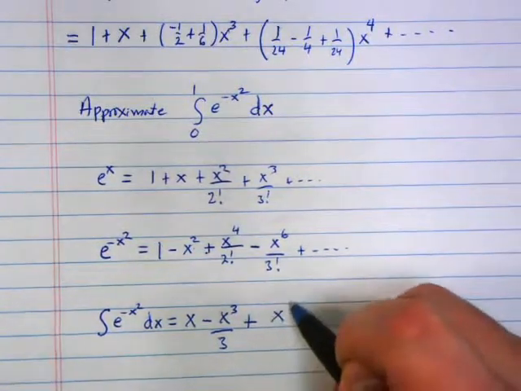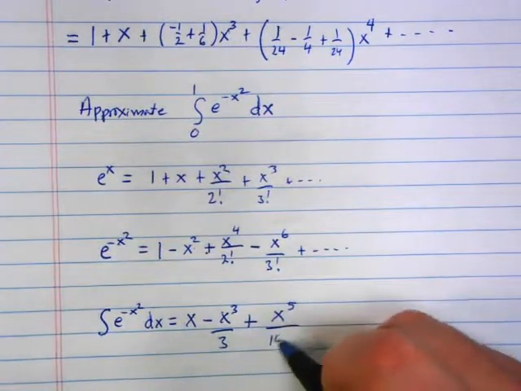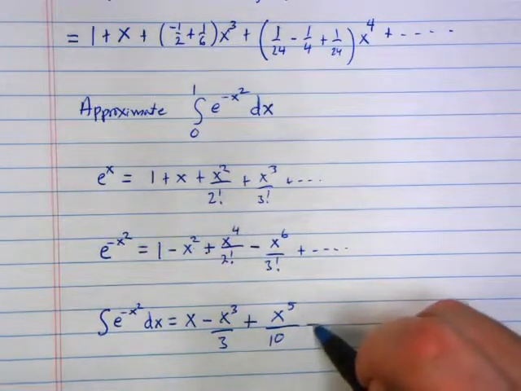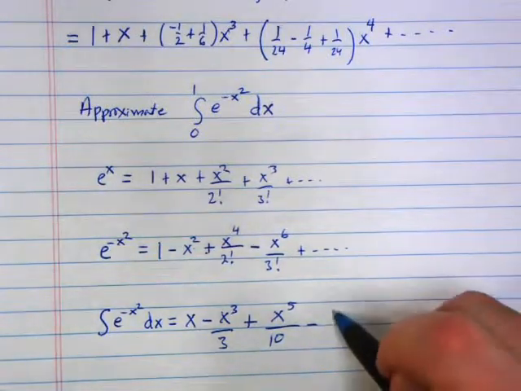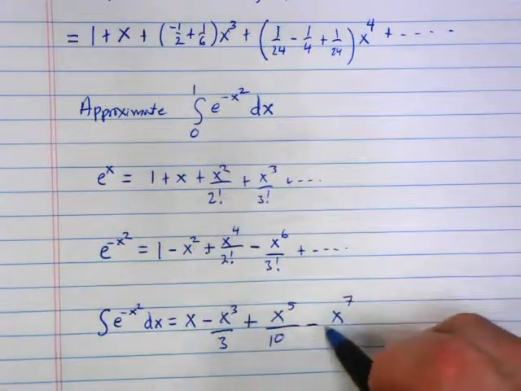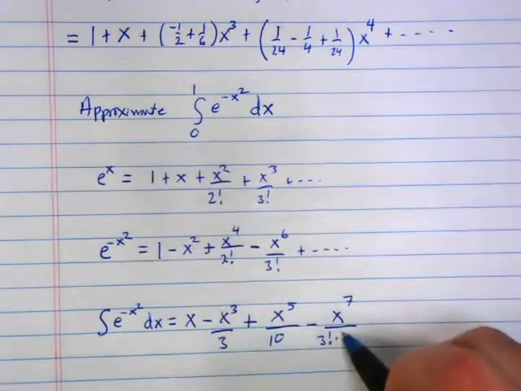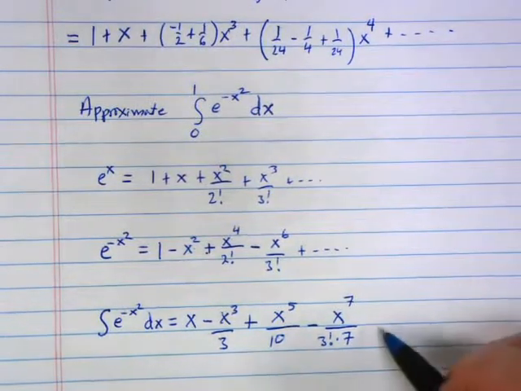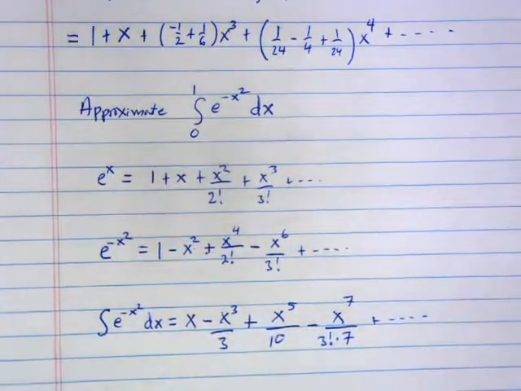X to the 5th over 10, 2 factorial times 5, minus x to the 7 over, I'm just going to leave it as 3 factorial times 7, plus on and on and on.